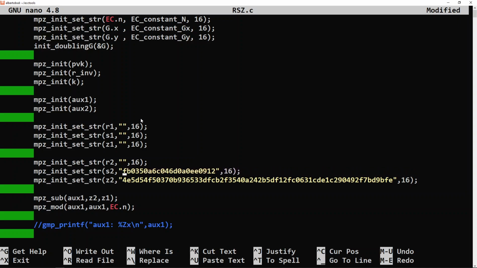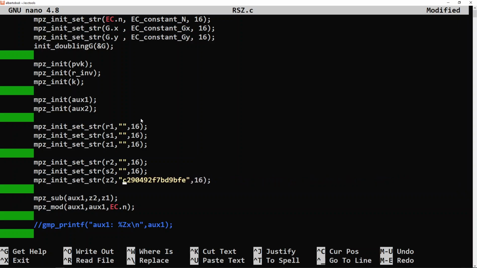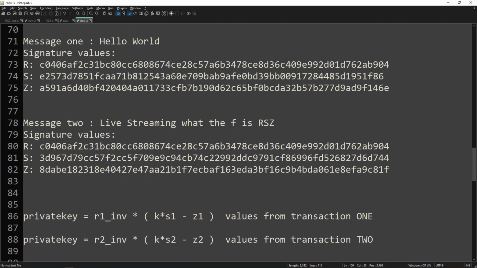Those values are different from our example. Okay, let's copy our values.